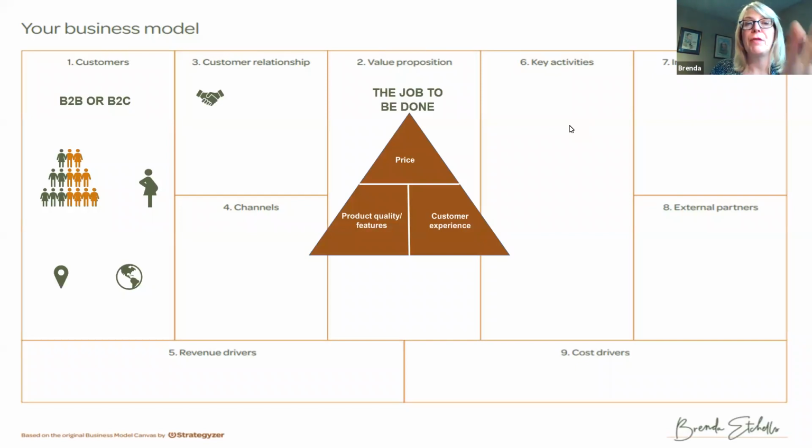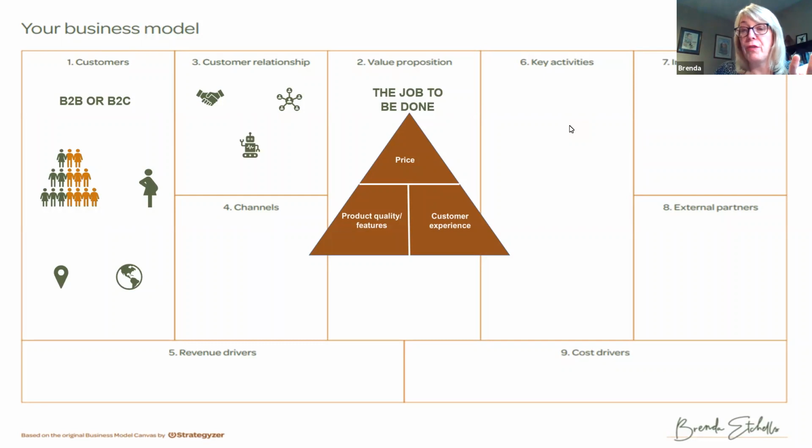If we move on to box number 3 now, which is customer relationship. So this is about how you interact with your customers. Is it a very close one-on-one and deep relationship that you're building with your customers? Or is it purely transactional? You're there to sell them a product or a service and they're buying it, but the relationship doesn't go beyond that actual transaction.